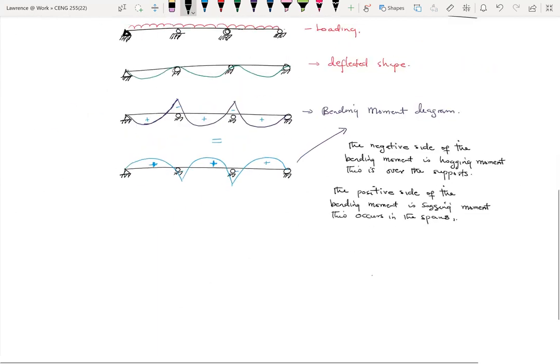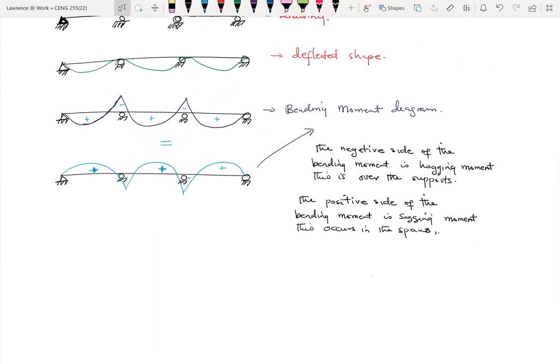So it means that these shapes in here are the sagging moments because they are occurring at the span. When you draw it like this, it makes much more sense because then you actually see the sagging, like the bending downwards.